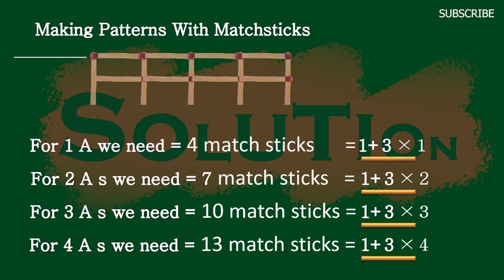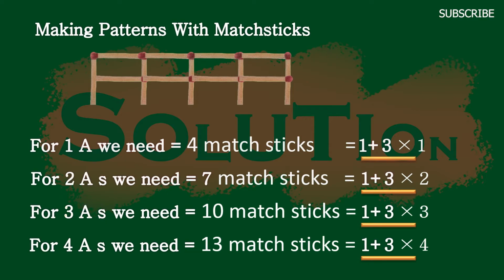You can see that 1 plus 3 into is constant and it is not changing. If we take 1A, 2A, 3A or 4A, we have 1 plus 3 into. But something is changing, that is, after 3 into, what will be the number? It is changing.